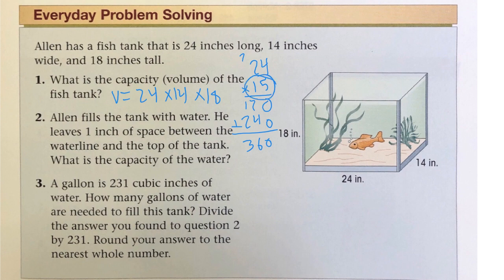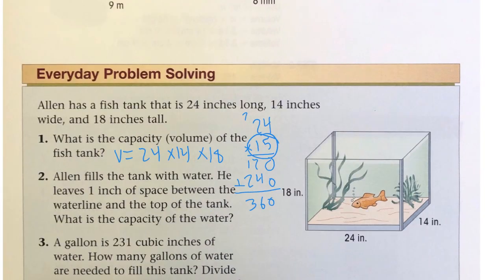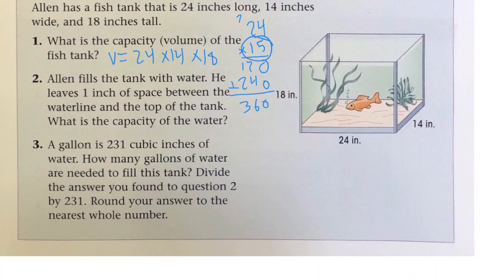All right, 24 times 14, not 15. Silly. So that should be 24 less than 360 in the end, which is 336.